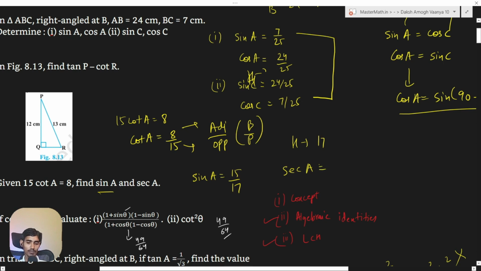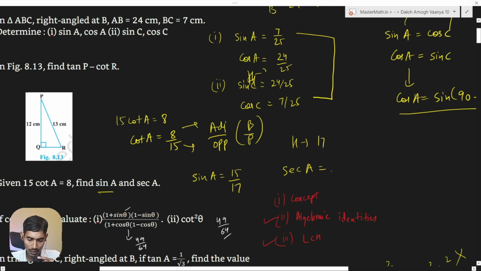Secant of A would be? What is the secant formula? First tell me the formula, which sides ratio it is, and then tell me. So it's AC by AB. It is? AC by AB. Oh, there is no BC.